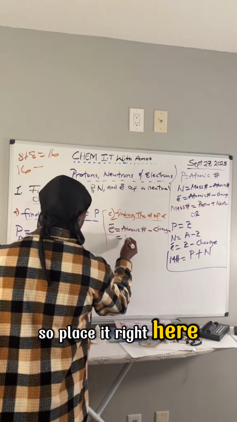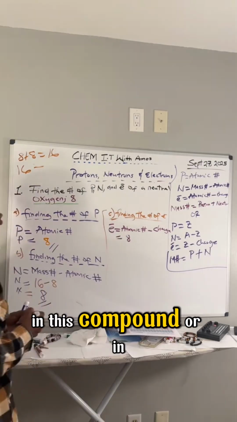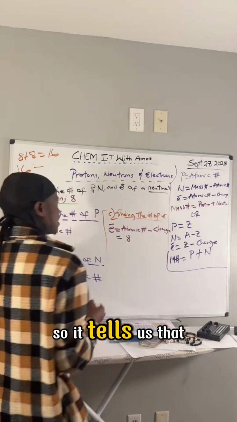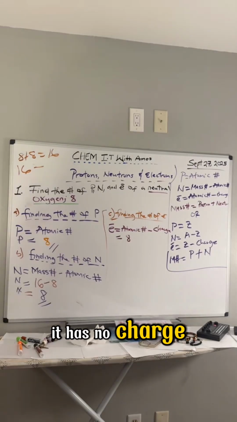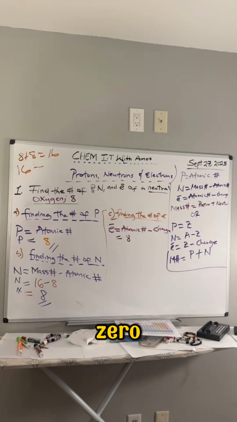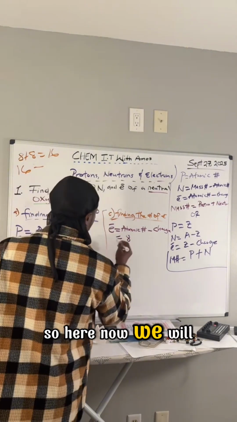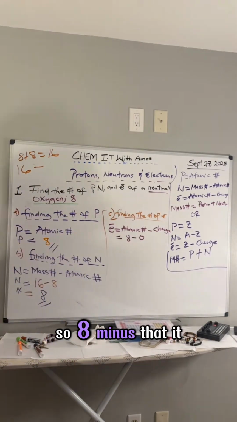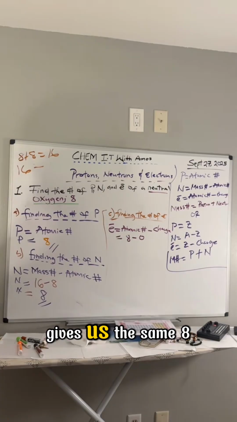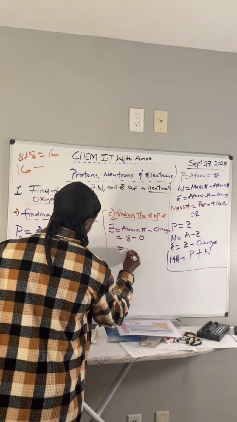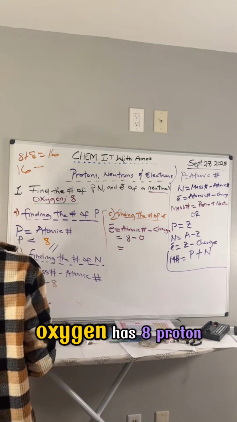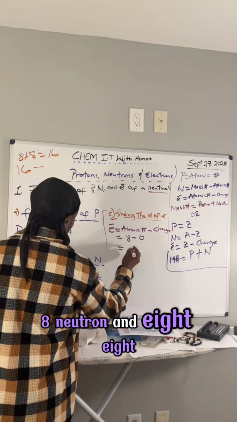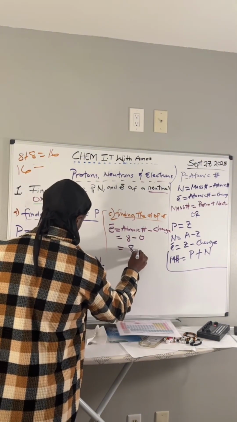So place 8 right here. In this problem, it says a neutral compound. So it tells us that it has no charge. So the charge is just 0. So here now, we will say 8 minus 0. So 8 minus that, it gives us the same 8. So it tells us that oxygen has 8 proton, 8 neutron, and 8 electrons, right?